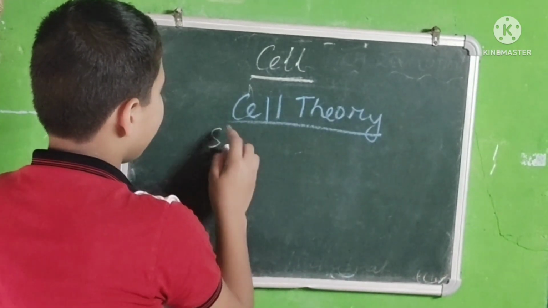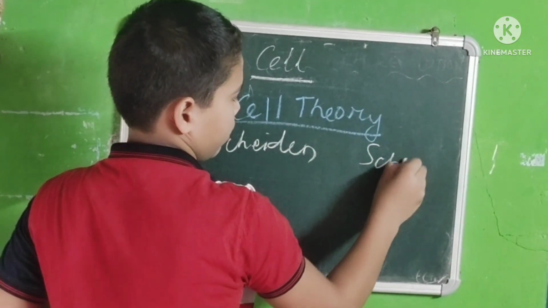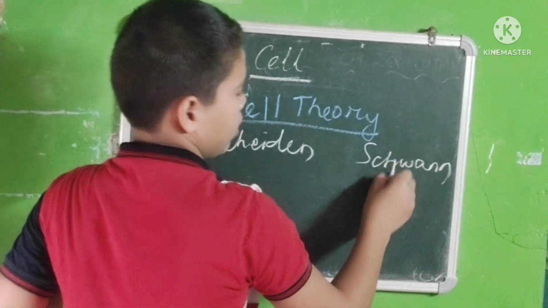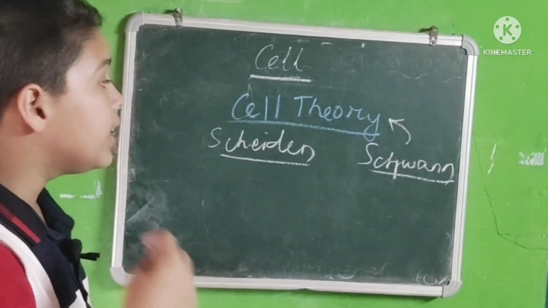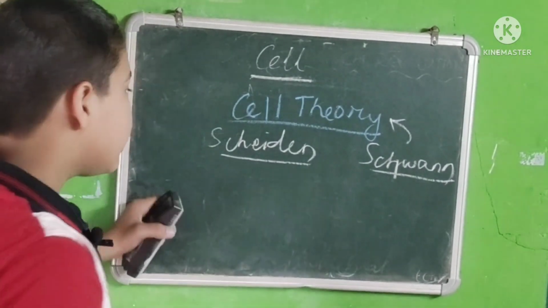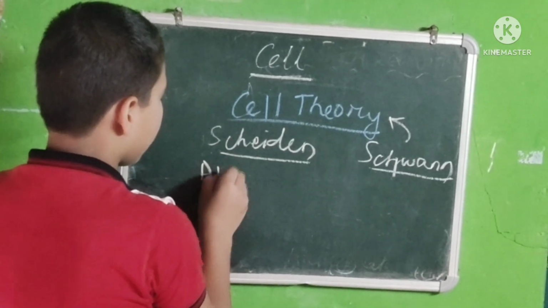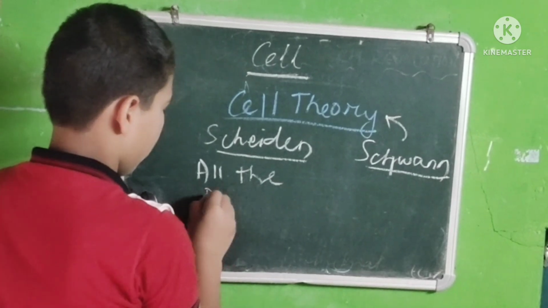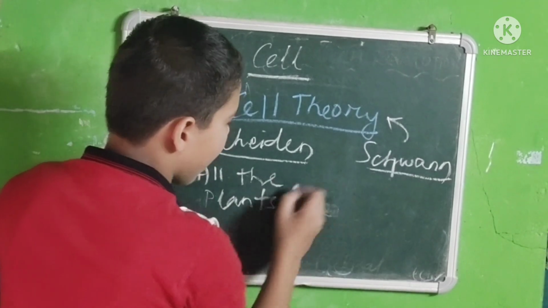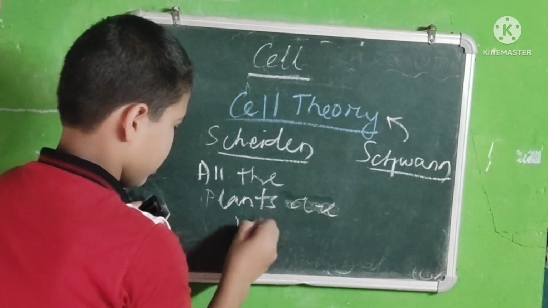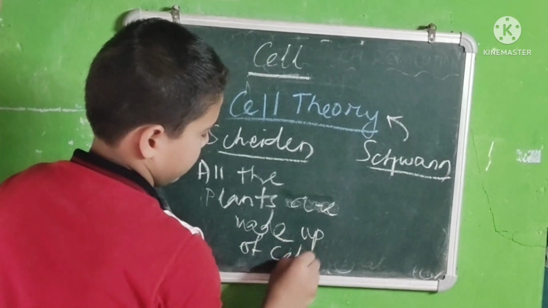Two scientists, Schleiden and Schwann, proposed this cell theory. And what did they propose? Schleiden proposed that all the plants are made up of cells.